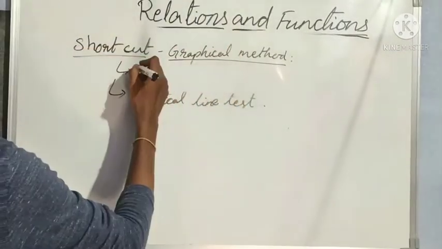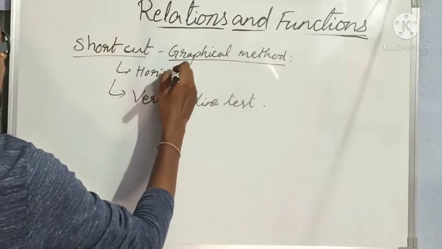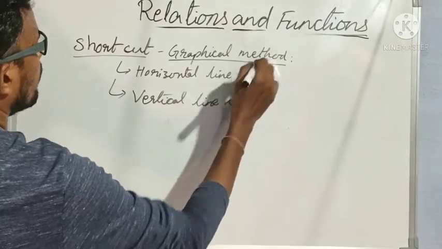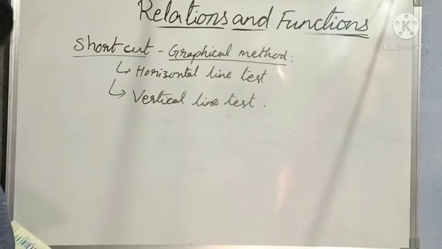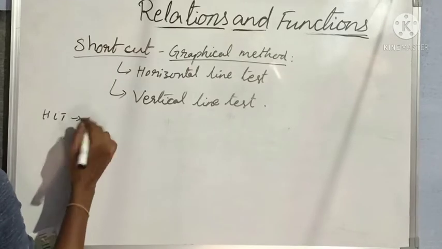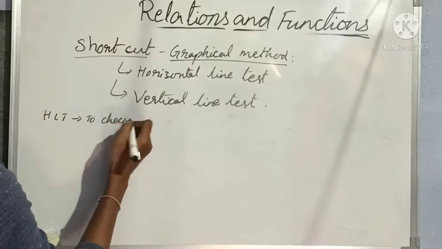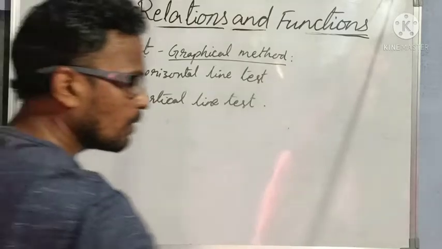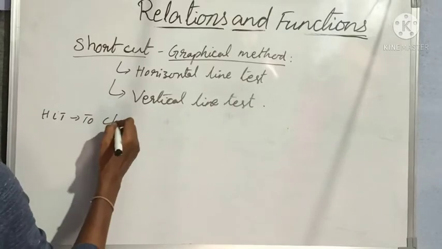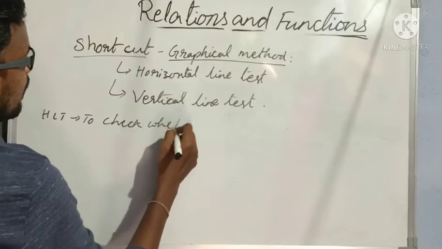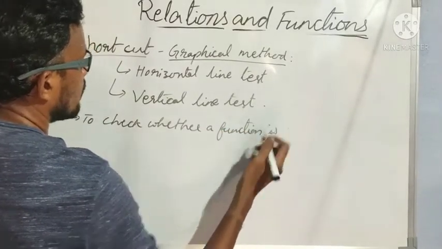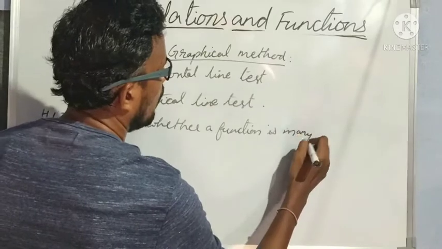So first one is what? Horizontal line test. The horizontal line test is to check whether a function is many one or one.